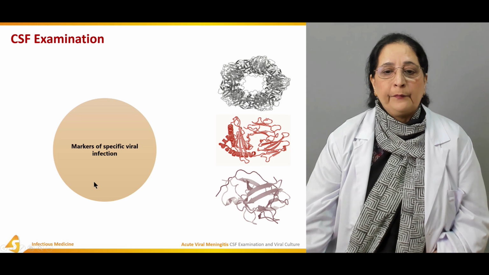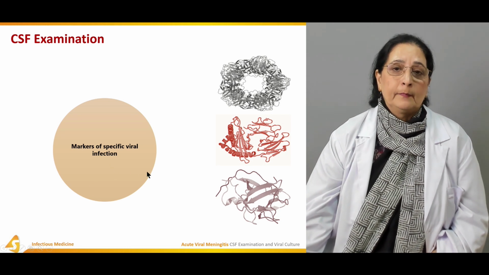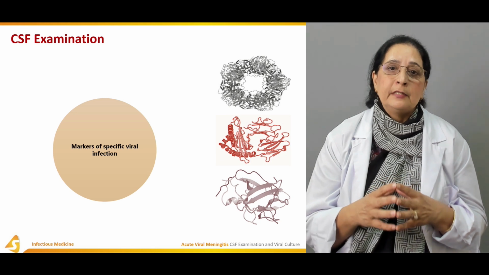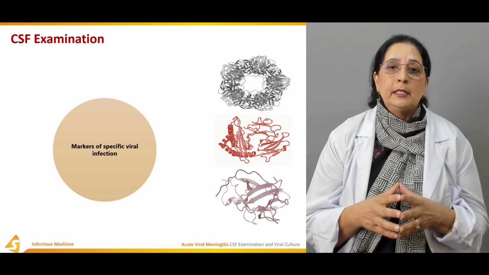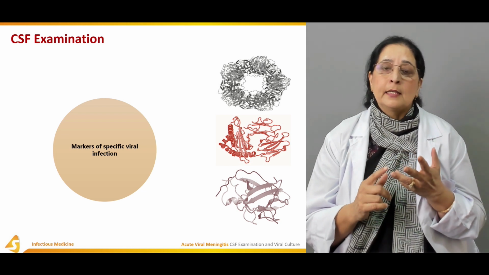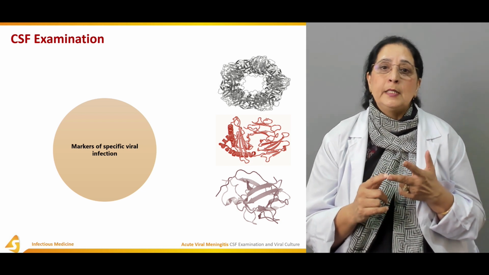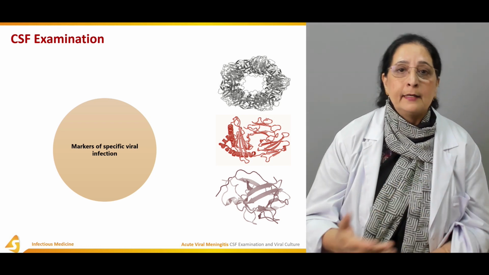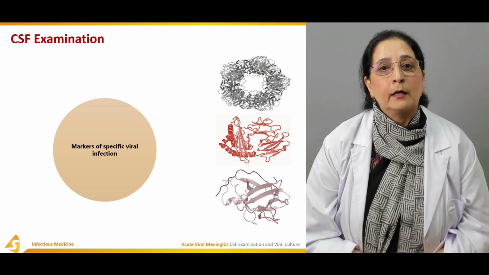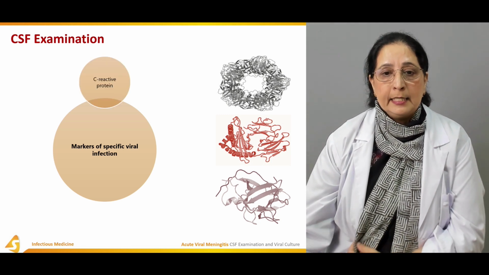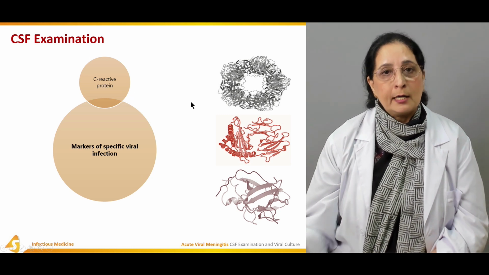Markers of specific viral infections. Now, what are the different markers associated with specific viruses causing meningitis? We said we have Coxsackie virus, enterovirus, herpes simplex virus, then we have HIV. What are the specific markers associated with these viruses? C-reactive protein is one marker.